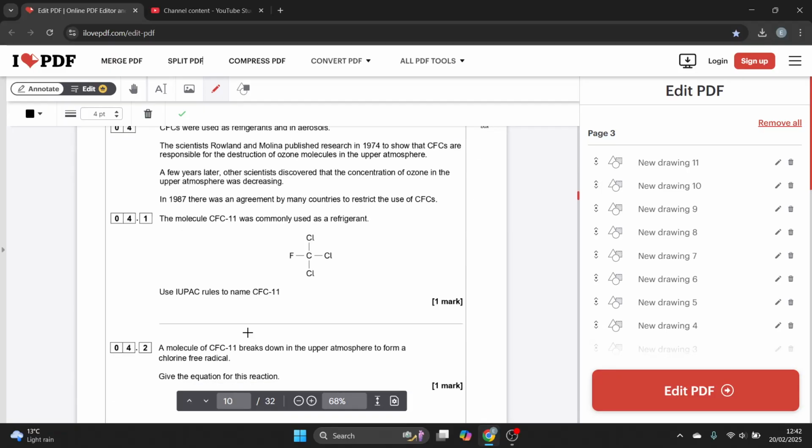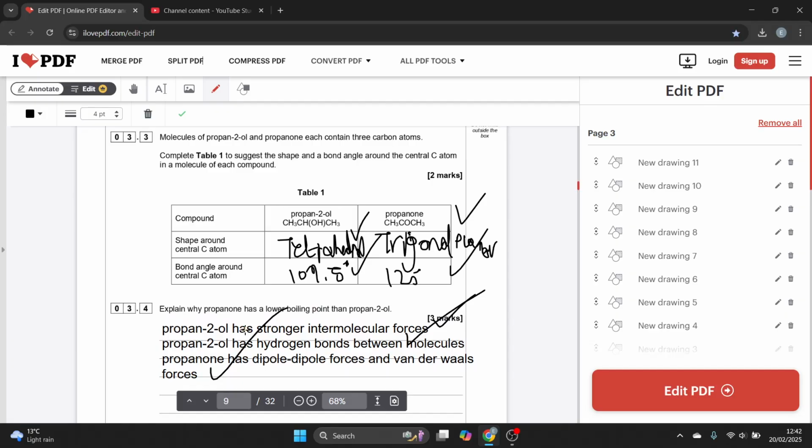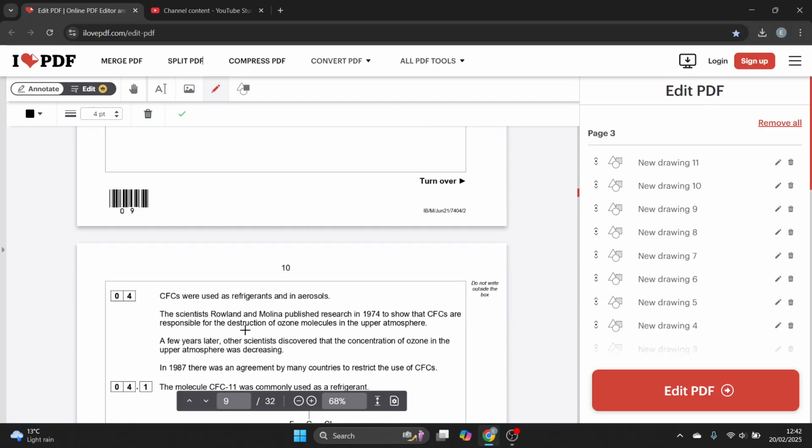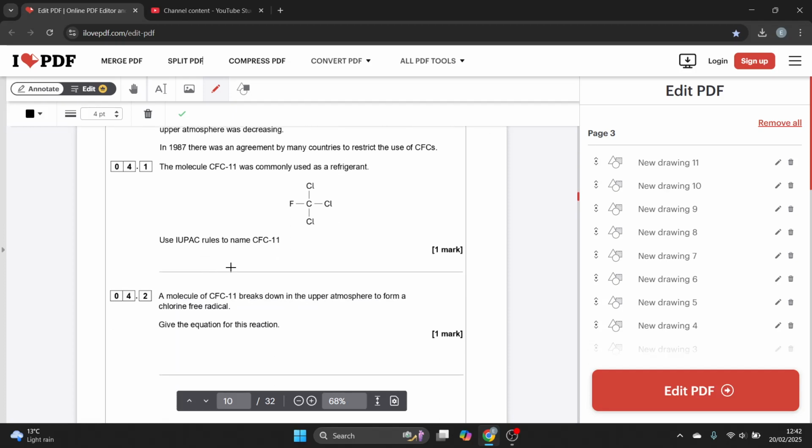Question 4. Use IUPAC rules. Sorry, use IUPAC names to name CFC-11: trichlorofluoromethane.